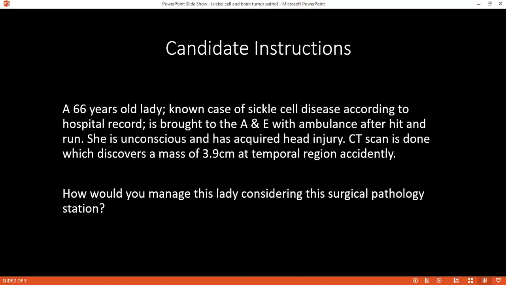A brain tumor is a space occupying lesion and the skull is a closed space. It makes increased intracranial pressure, which causes a severe headache, especially at night and in the morning. It will also make vomiting, and it depends on the site and the rate of growth of the tumor.